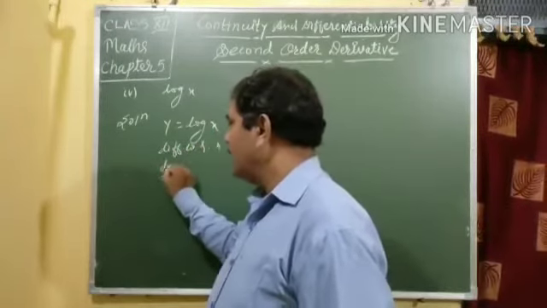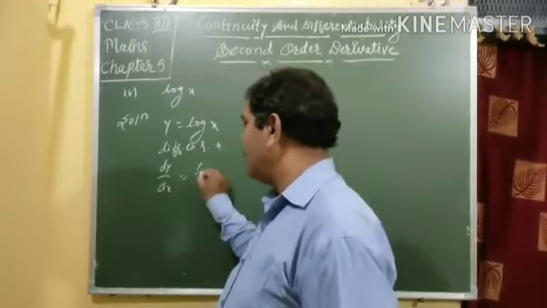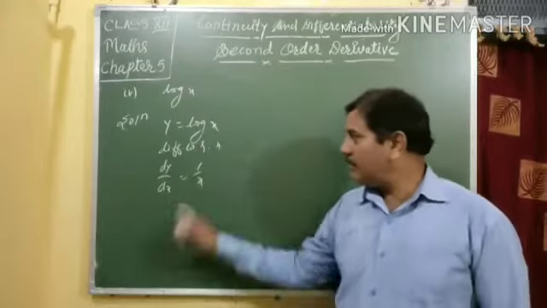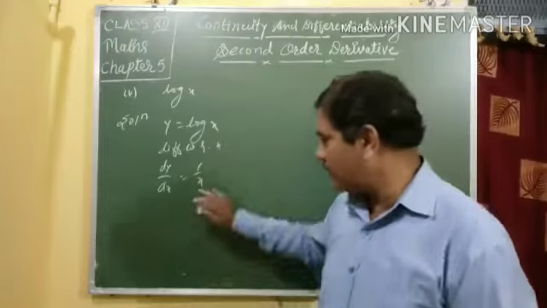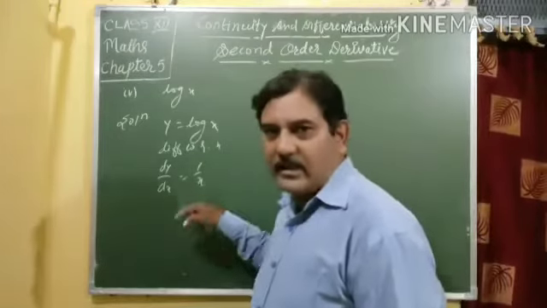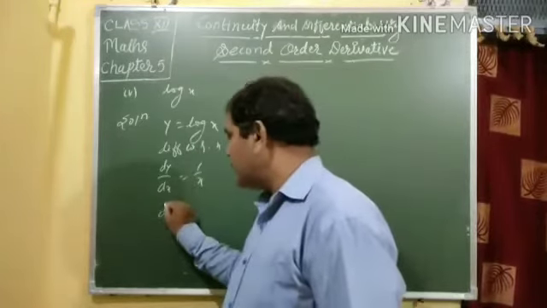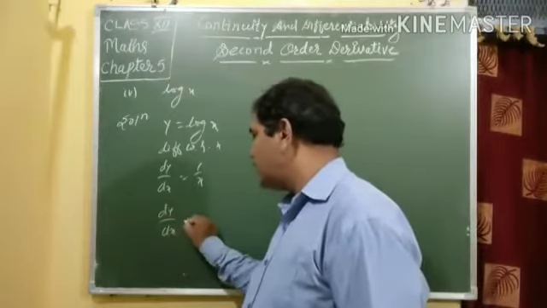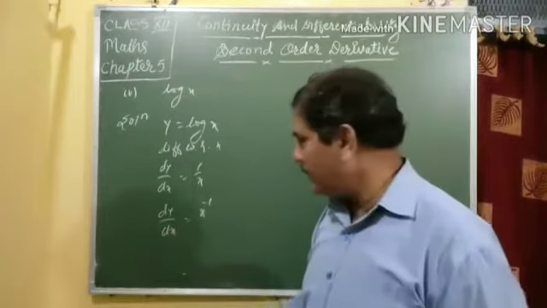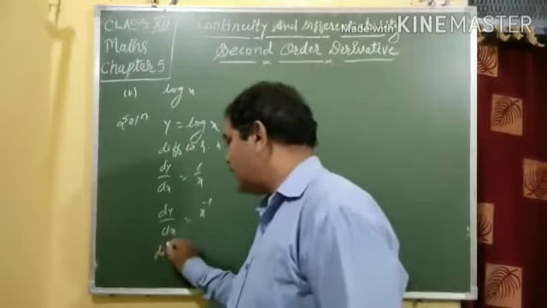So what will we get? dy by dx is equal to 1 upon x. Okay, the derivative of log x is 1 upon x. Taking x in the numerator, it converts to dy by dx is equal to x to the power minus 1. Now again differentiate with respect to x.